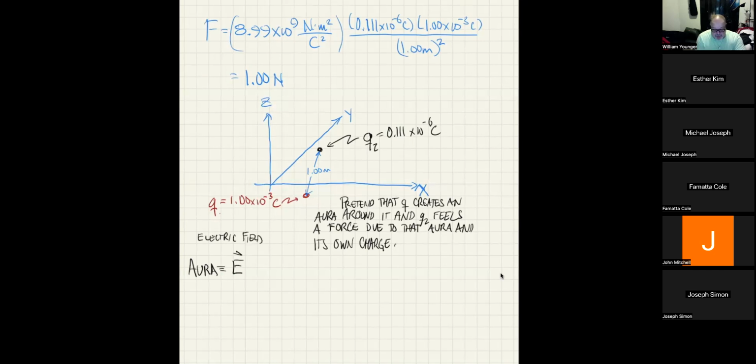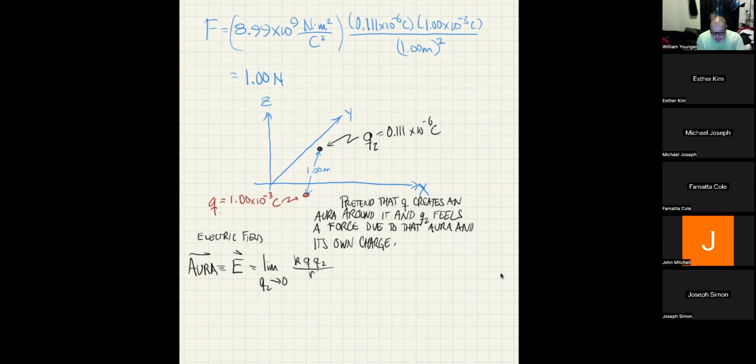Notice I put a vector symbol over it. And in some sense, it's going to be a limit as Q2 goes to 0 of K Q Q2 over R squared divided by Q2, which ultimately just equals KQ over R squared, or the way I like to write it, as I've warned you before, R squared.